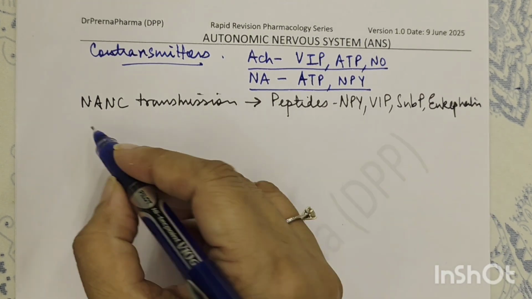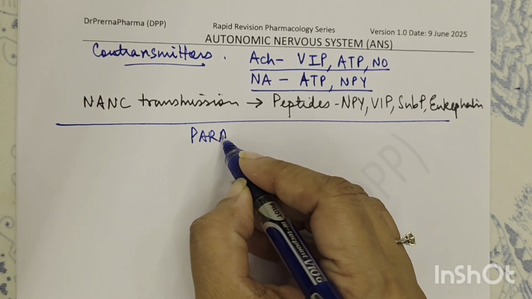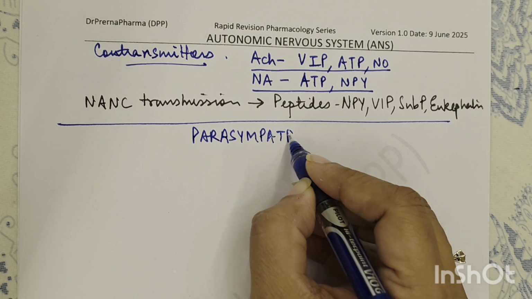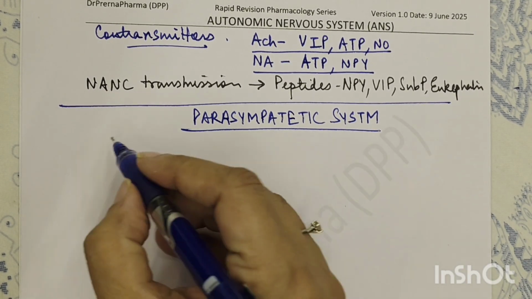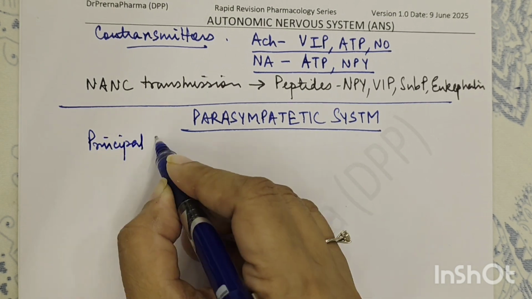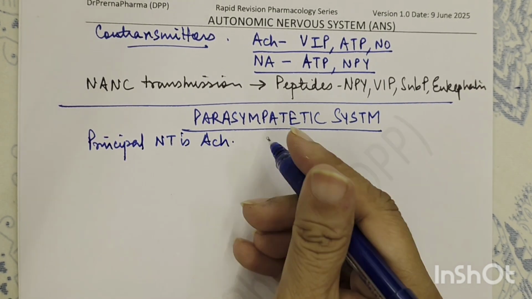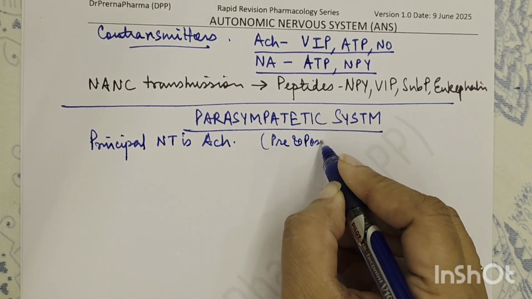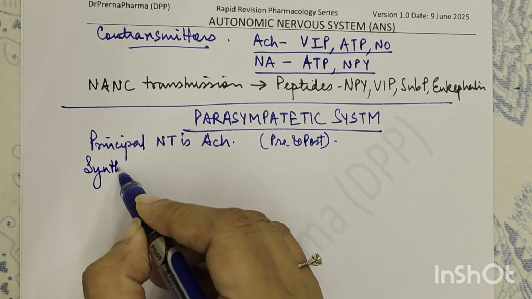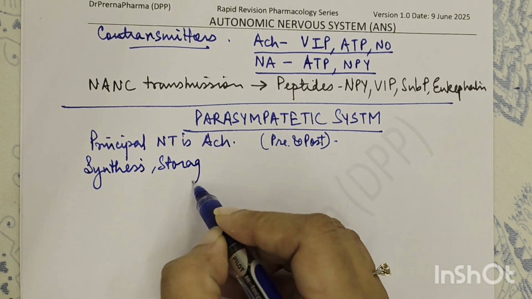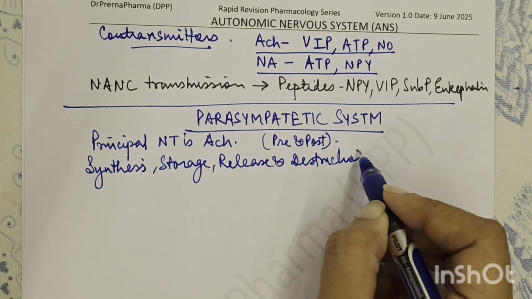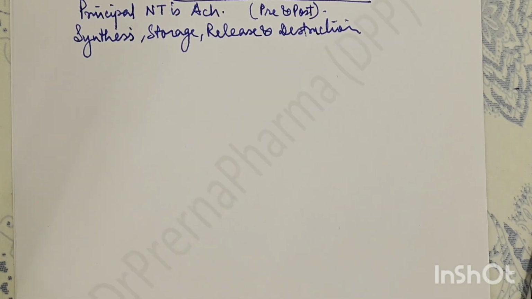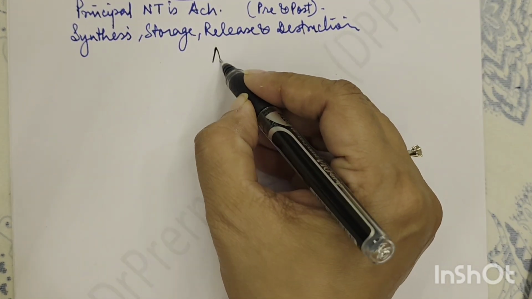Now let's start with the parasympathetic system. Until now we were looking at a general overview. Now in the parasympathetic system, the principal neurotransmitter is acetylcholine in all pre and post ganglionic fibers, right? So let's see the synthesis, storage, release and destruction of acetylcholine.